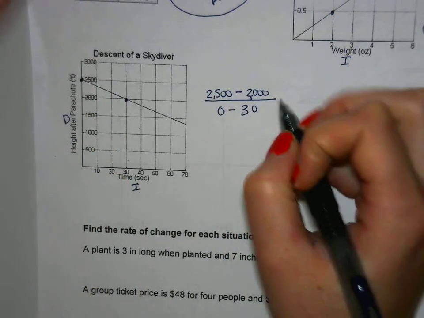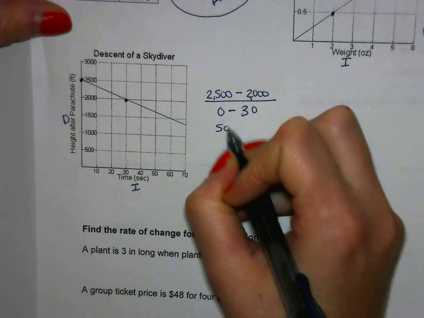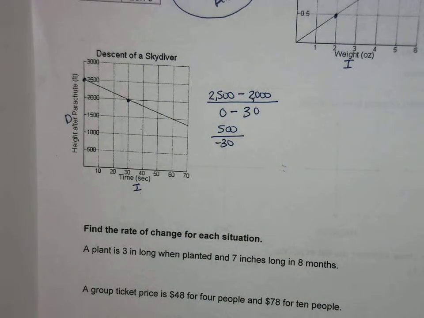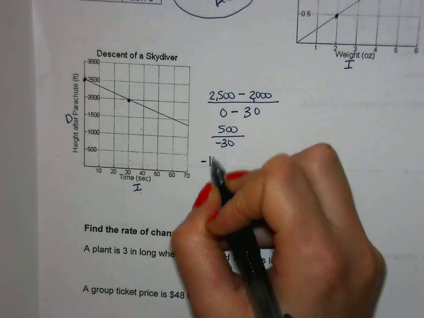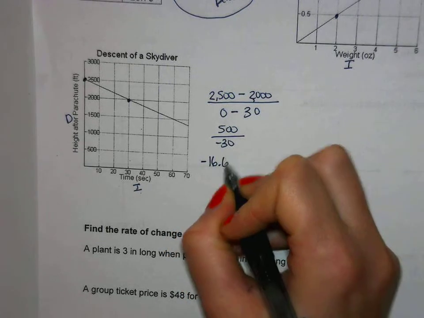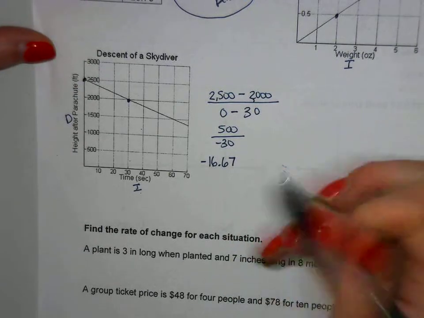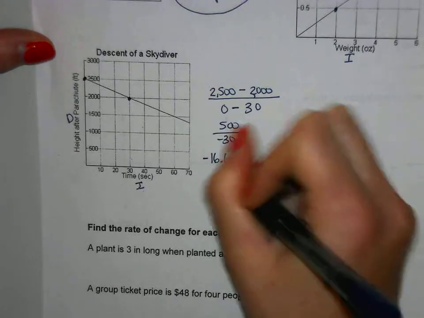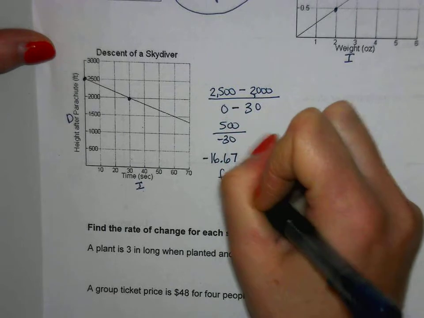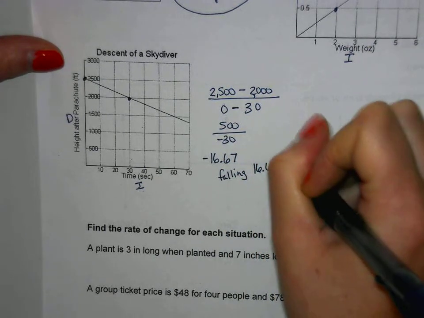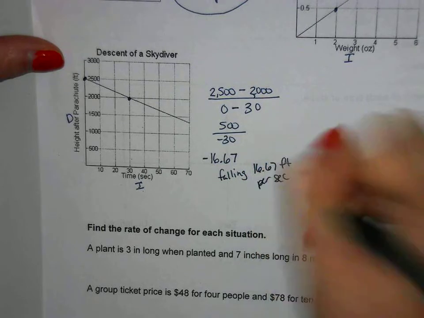So 2,500 minus 2,000 is 500, divided by a negative 30. So if we take our 500 divided by that negative 30, we end up with negative 16.67, rounded to 2 decimal places. So this means someone is falling 16.67 feet per second.